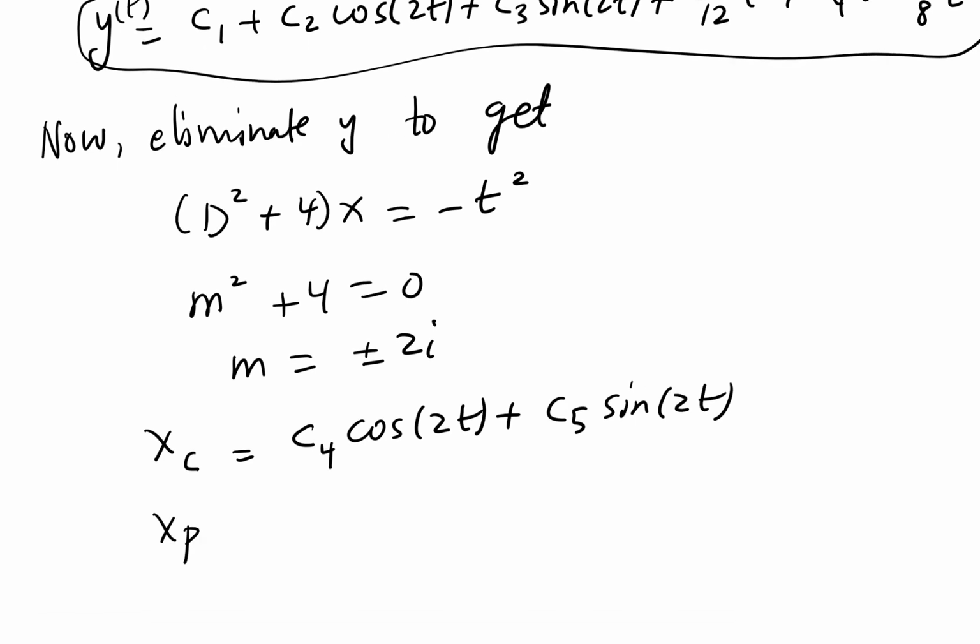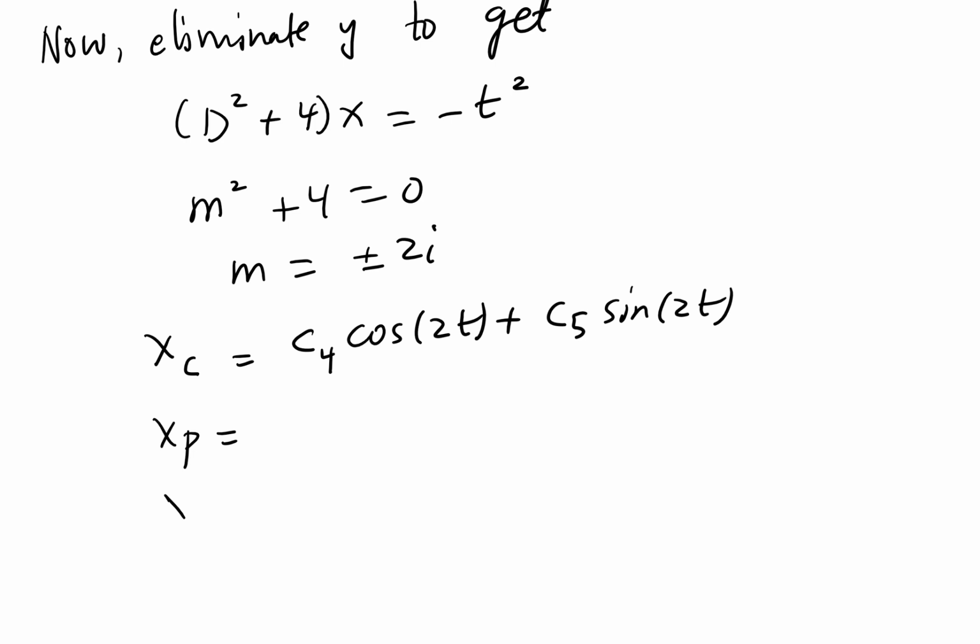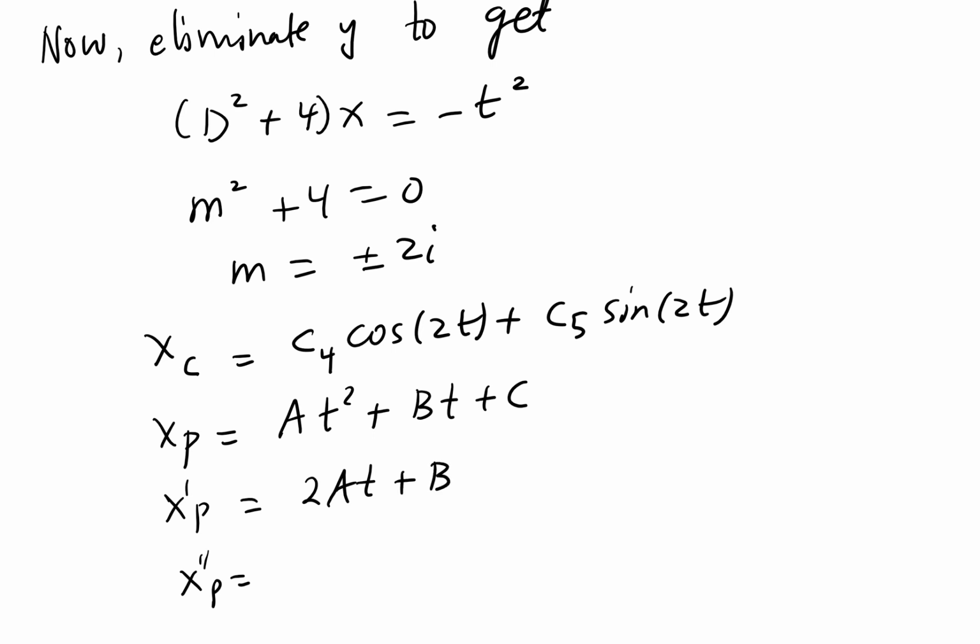For the particular, we use the undetermined coefficient method. Because the left hand side is of a D squared, we're going to find xp, x prime p, x double prime p. xp is at squared plus bt plus c. This is 2at plus b, and this is 2a. And we're going to go back and substitute all of this in here.